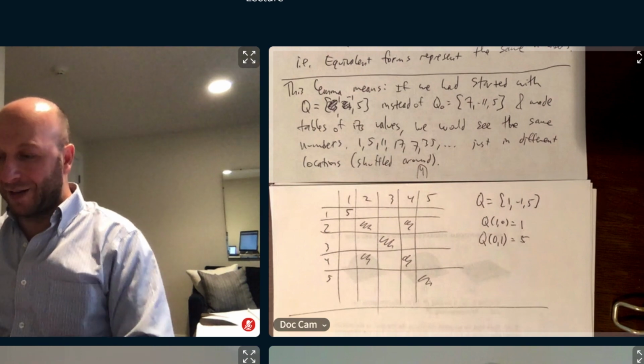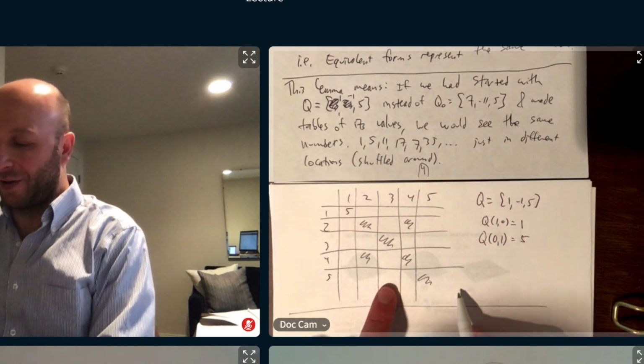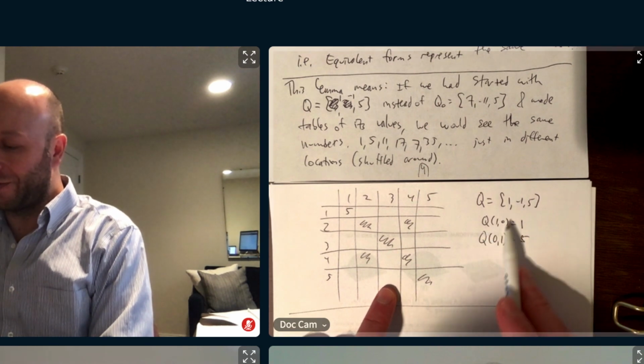Can you guys, again, just very quickly throw out some values of this form? Just at random, grab one, compute it, and tell me what it is. I'll do some also. So I'm going to do 3, 5.